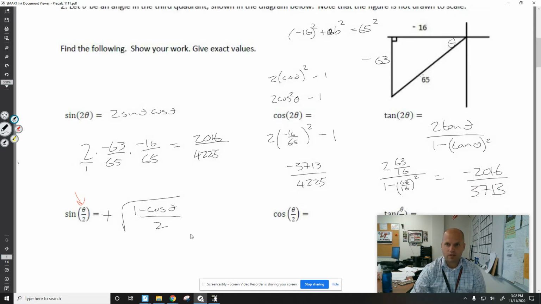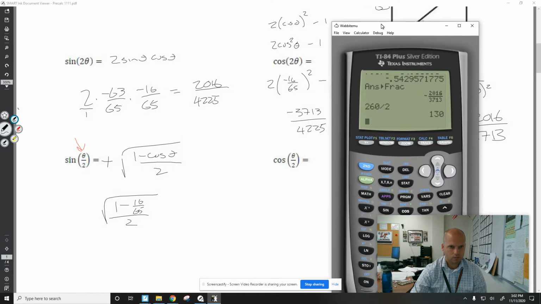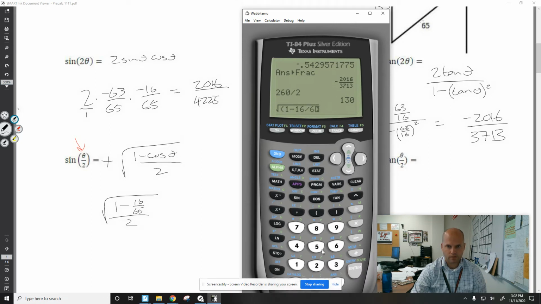Cos theta was 16 over 65, so I have the square root of 1 minus 16 over 65 over 2.